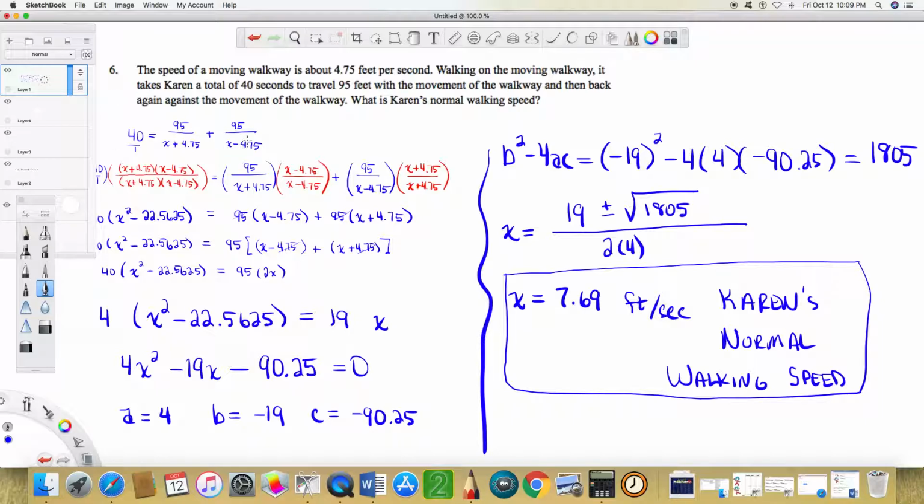That rational equation led to a quadratic equation. That quadratic equation could not be factored, so we had to use the quadratic formula, and just the numbers themselves were a little bit large and a little bit awkward, but we let the calculator do the work, and so we came up with our final answer. We had to reason that we threw out the negative feet per second because it simply didn't make sense that Karen would be moonwalking, walking backwards.